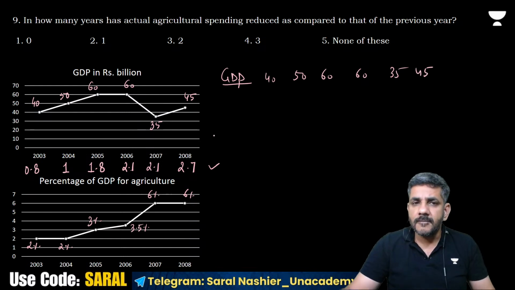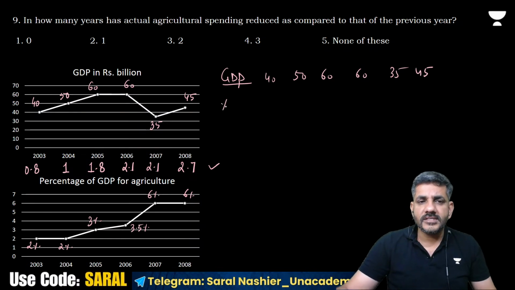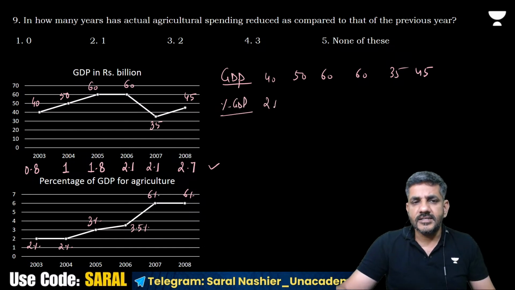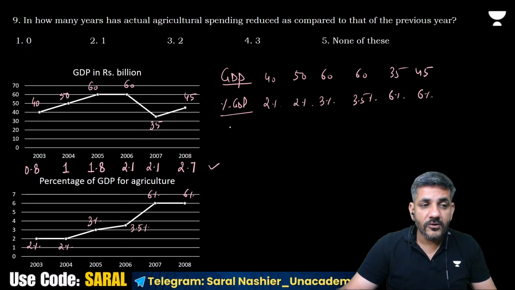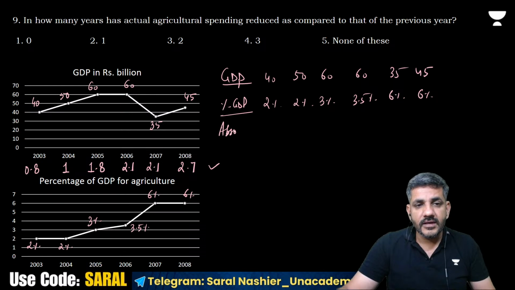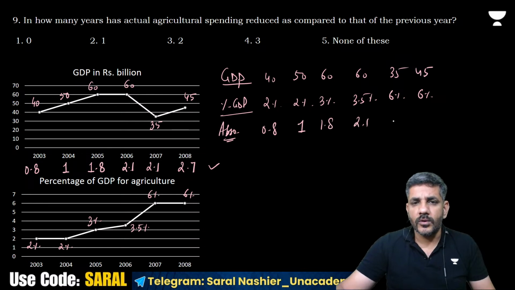The percentage of GDP which agriculture represents is 2%, 2%, 3%, 3.5%, 6% and 6%. And finally, the absolute value is 0.8, then 1, then 1.8, then 2.1, then 2.1, and then 2.7.